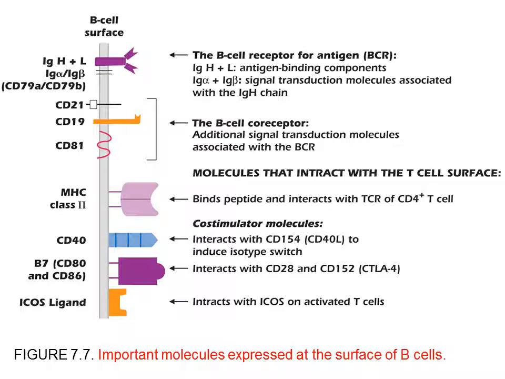And then again, anything that associates with this molecule will act as a transducer, and it will signal the events that need to take place. So this message that comes from outside has to be taken from there. Then there is something called co-receptors. So you see the B cell has co-receptors. These are additional signal transduction molecules, and they're also important.